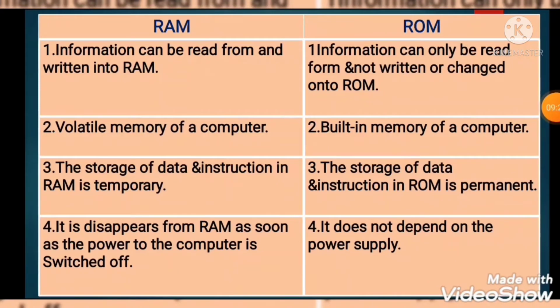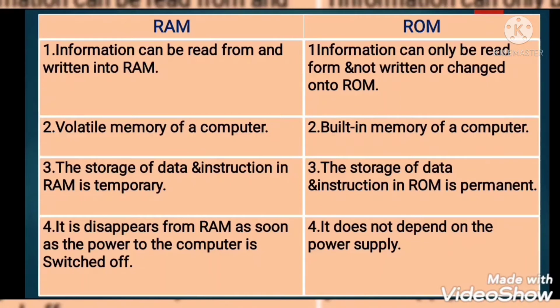Let's see the difference between RAM and ROM. RAM is random access memory, and information can be read from and written into RAM. That means the information you are searching, you are working on, you are basically working on RAM. Now see what ROM is.